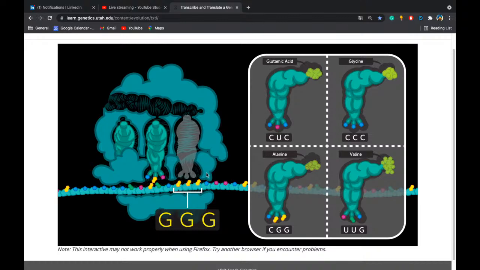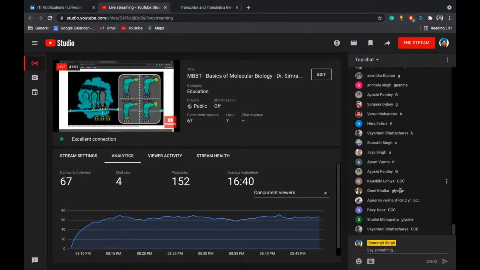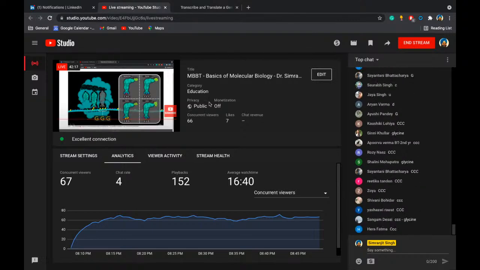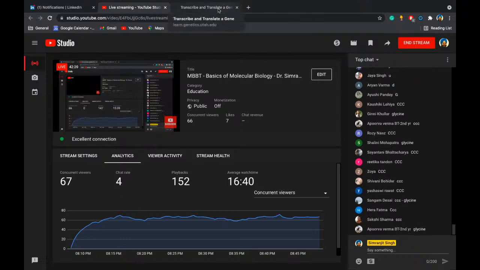So if the mRNA is GGG, what will be the anticodon on your tRNA? Will it be CUC, CCC, UUG, CGG? Which will it be, of the 4 options? Glutamic acid, glycine, valine, or alanine? Tell me, students, what it will be. Yes, right. Very nice. It will be glycine.